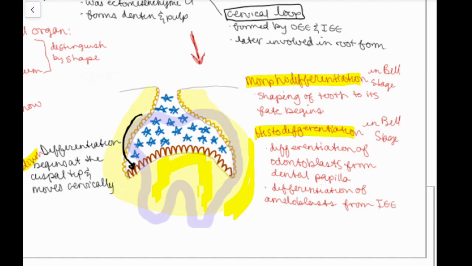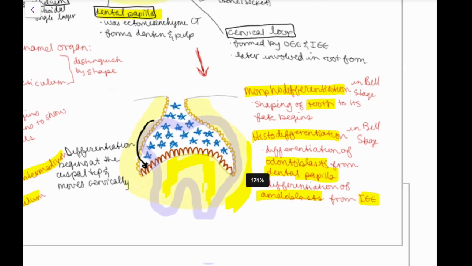By this time, we only have cells. Now we have to tell the cells what type of shape they have to produce. So we call that morphodifferentiation, whether it will be molars, incisors, or canine. And then histo is telling what cell to become. So dental papilla will become odontoblast, whereas the inner enamel epithelial will form ameloblast.